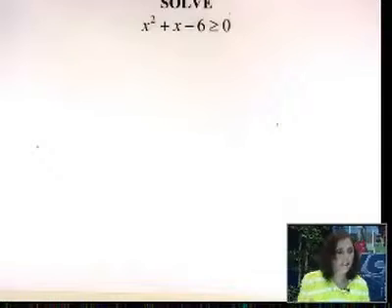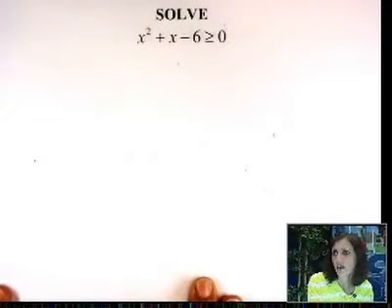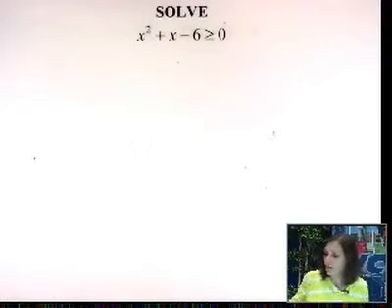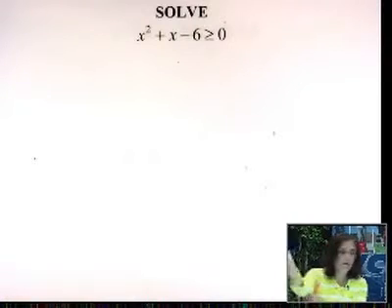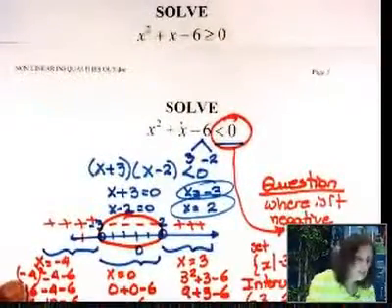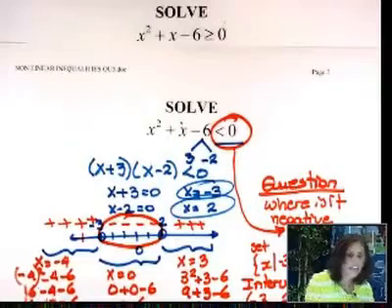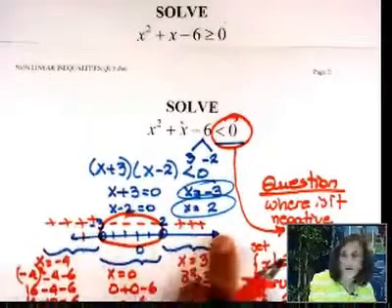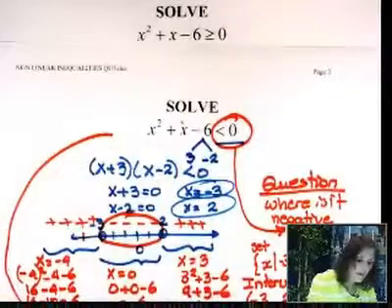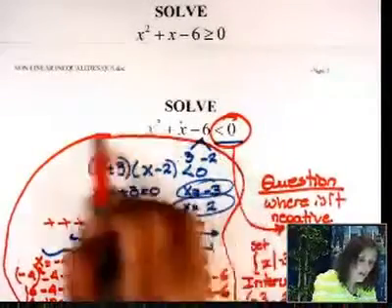Let's go to the next example: x squared plus x minus 6 greater than or equal to 0. Okay, I do the same exact thing that I did here, because the left-hand side of my equation is the same. So I'm going to do this entire step here.